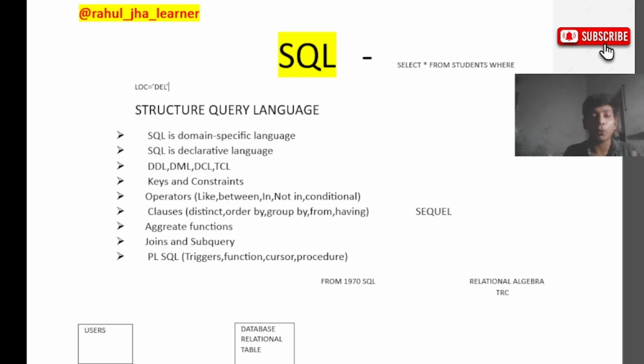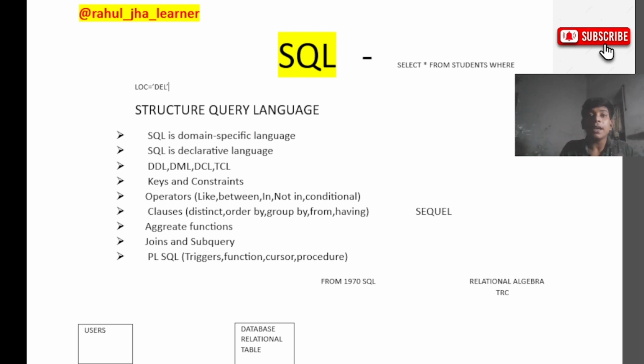A very simple query: select star from students where location is equal to Delhi. We only mentioned what to do, but how does it work internally? That is the database's job; it works on its own internally.